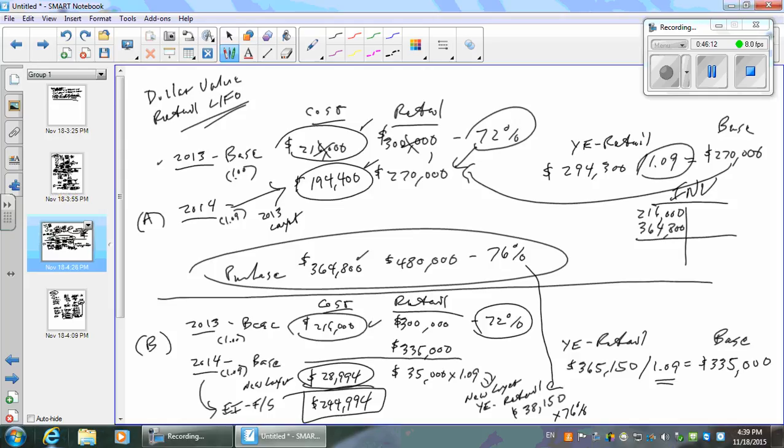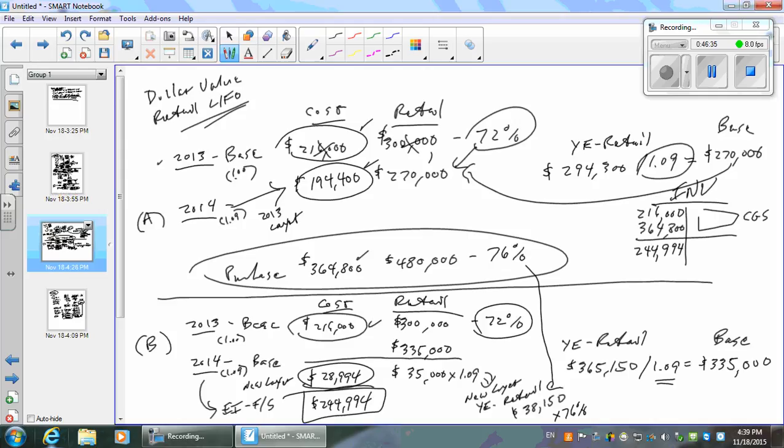What's my ending inventory? Cost of goods sold. 216 plus 364.8 less 244,994 must be what I don't have anymore, which must be the cost of goods sold. Yes.